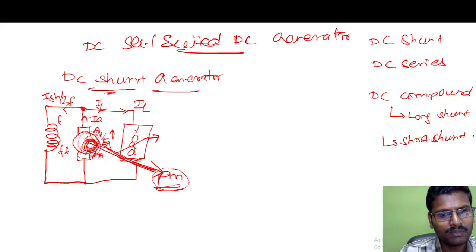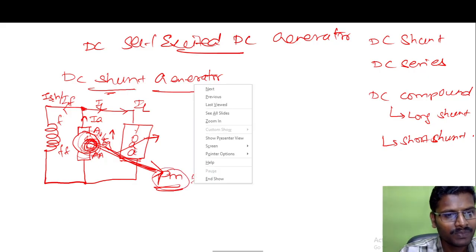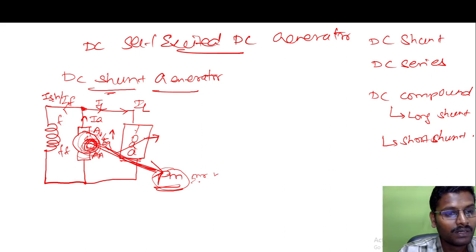Prime mover may be a motor or turbine, some external means. Now the prime mover will be rotating, and the armature already has a residual flux. Now the rotation will produce more flux, and this will create some current, known as armature current. It will be flowing through the field winding.